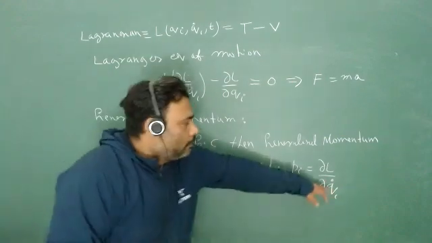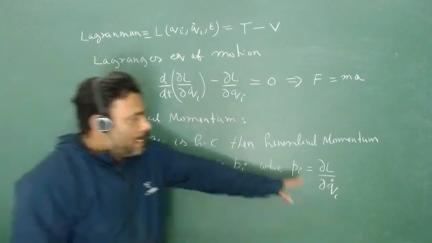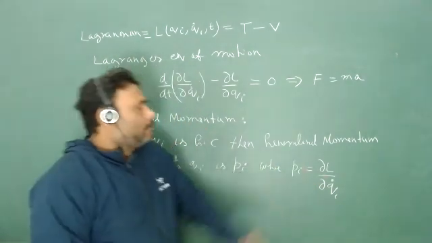What is qi dot? Qi dot is nothing but the generalized velocity. So we have a relationship between generalized velocity and momentum.